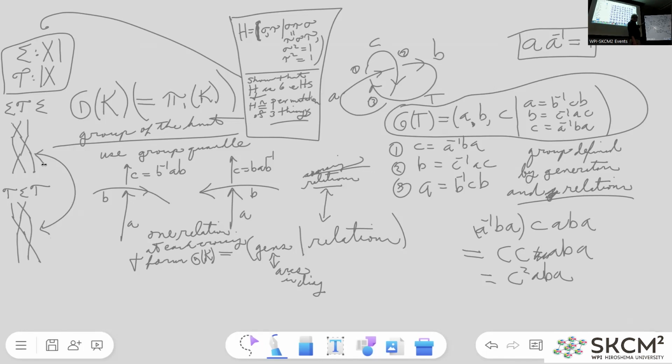The permutation is 1 to 3, 2 to 2, 3 to 1. One is obtained by interchanging the second 2, then the first 2, then the second 2. The other is obtained by interchanging the first 2, the second 2, and the first 2. This is the actual group, a very concrete group that has these relations.